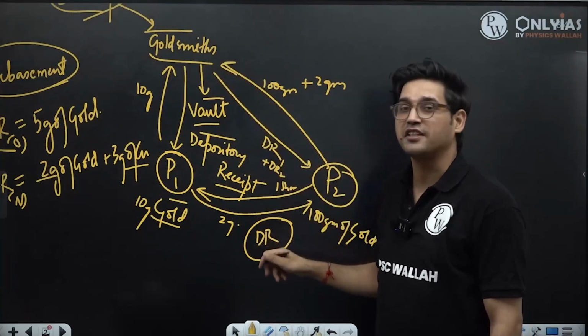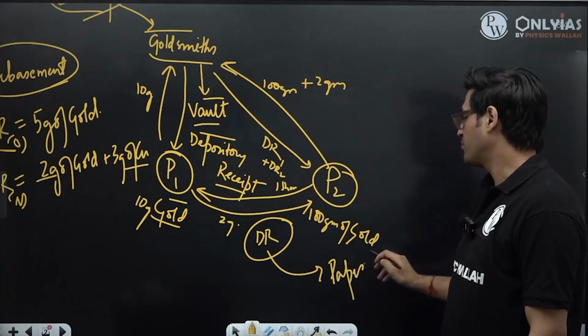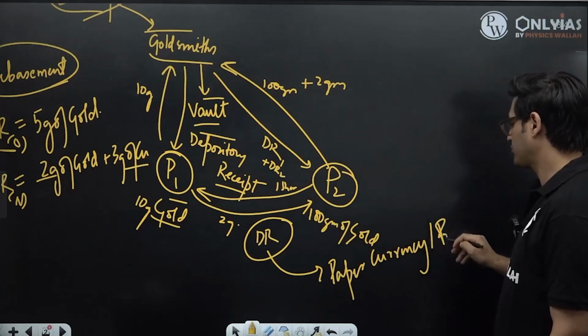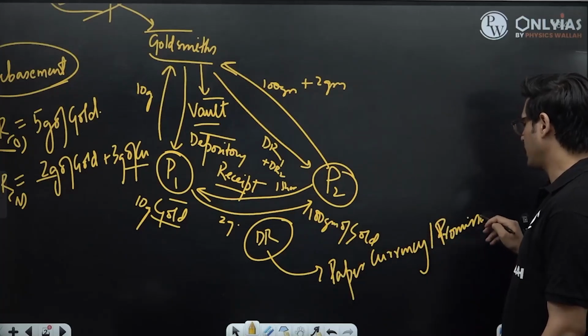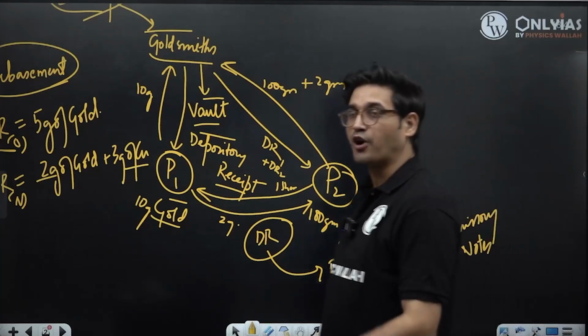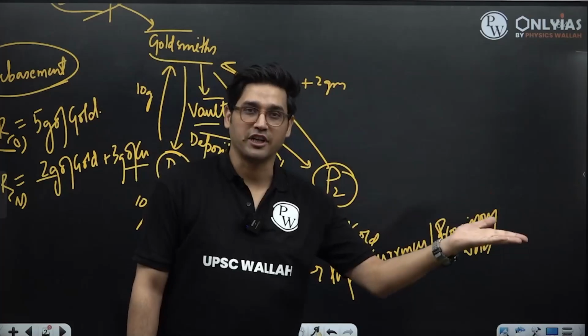These deposit receipts eventually became what is called paper currency, also called promissory notes.